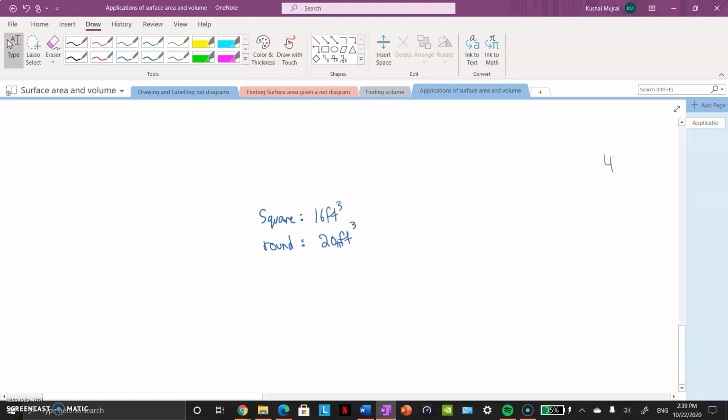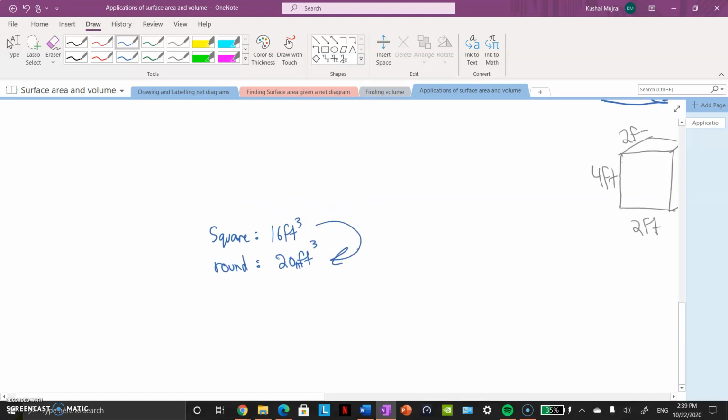Okay, so we want to know how many squares have the same volume as one round. So we'll take 20 pi feet cubed and divide it by 16 feet cubed.